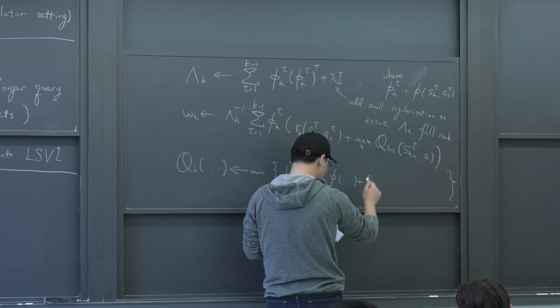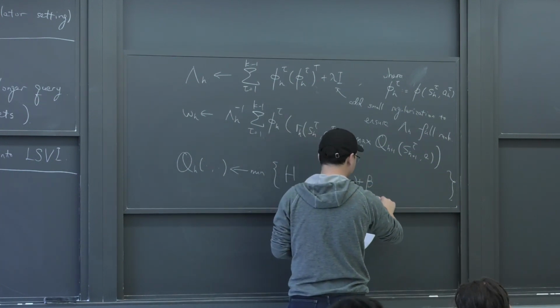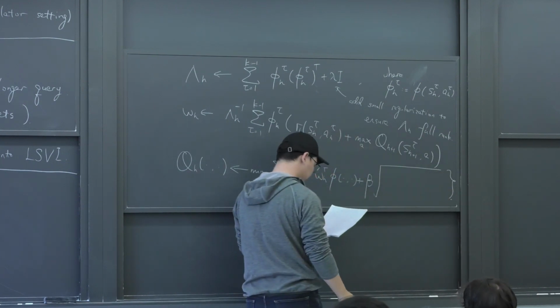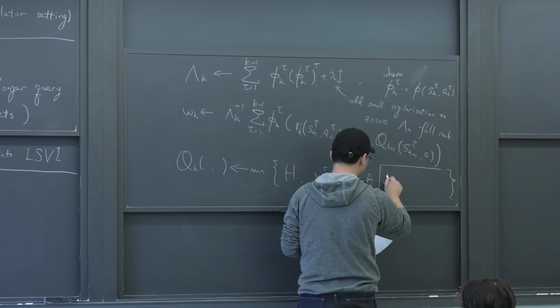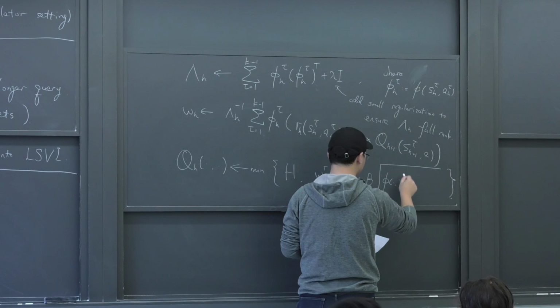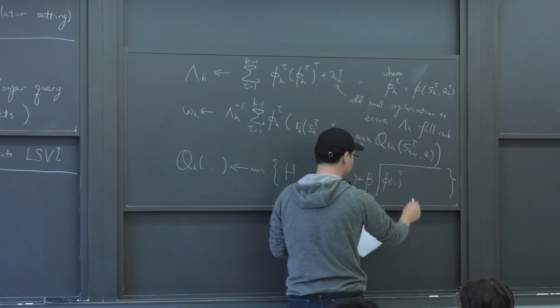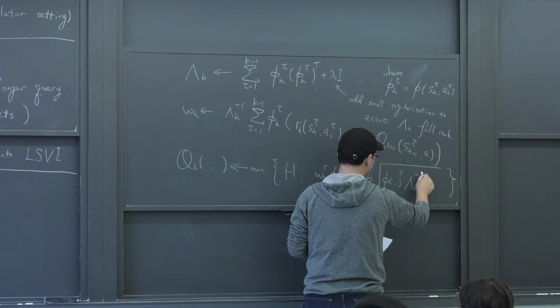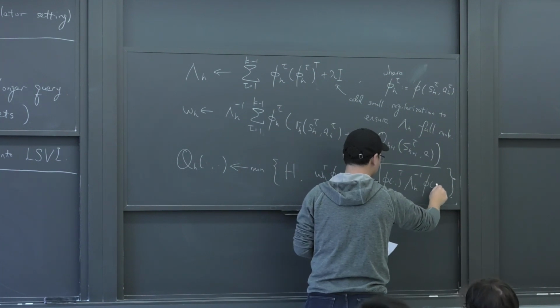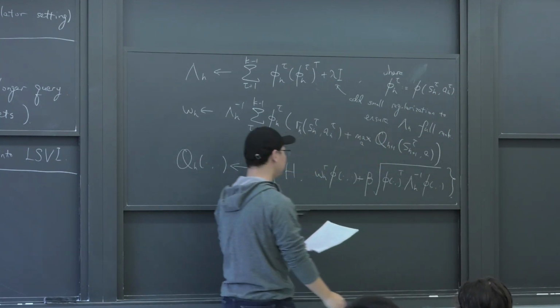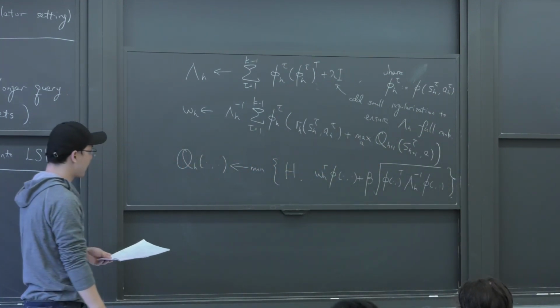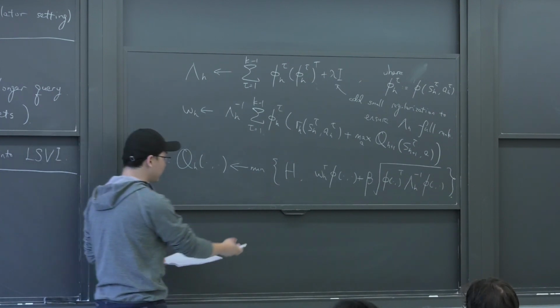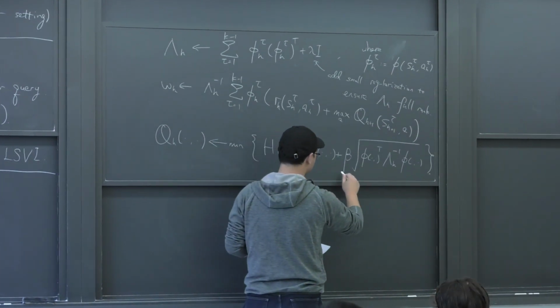The bonus is in the following form: beta, some constant scalar, times a quadratic form, which is phi, the feature vector, transpose lambda_h inverse phi. This is the most important thing, the bonus we have.